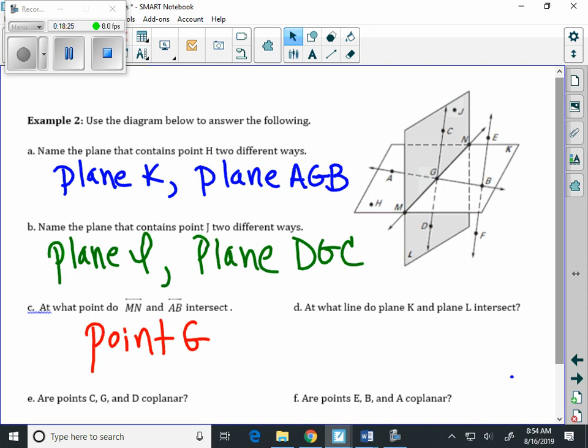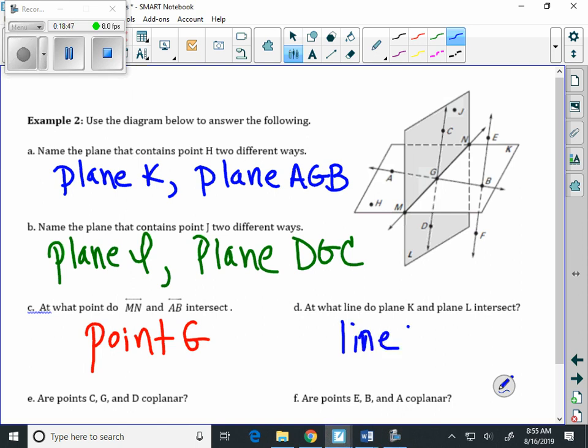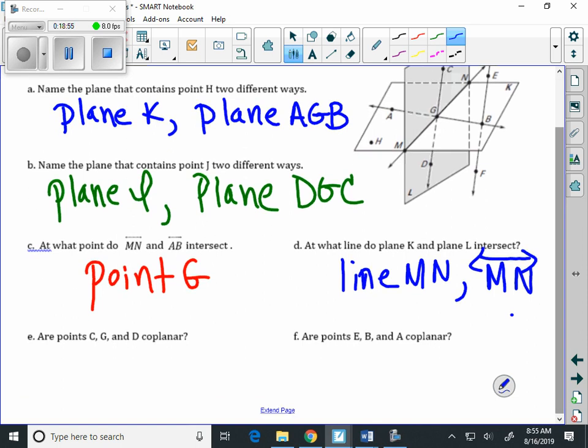And what line do those two intersect? Line MN, which I really meant to write MN with arrows on top of them.